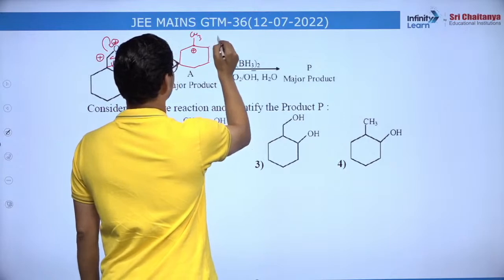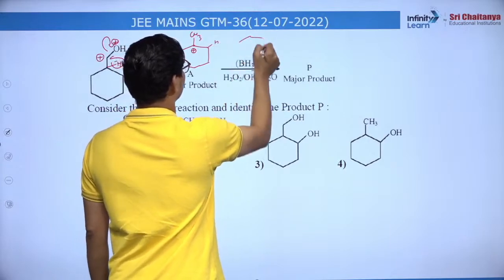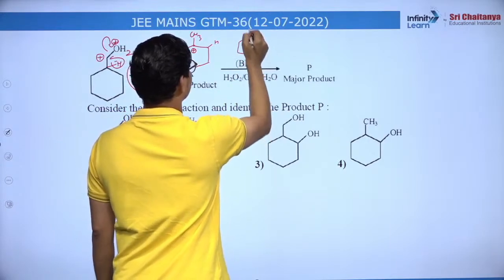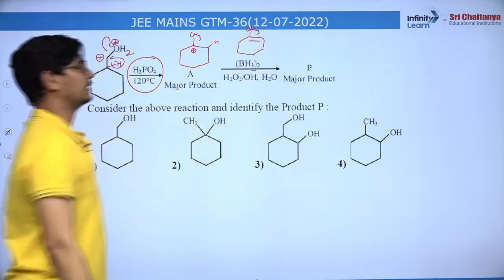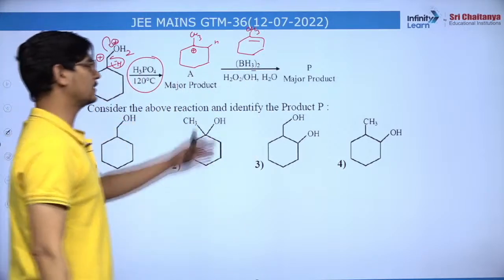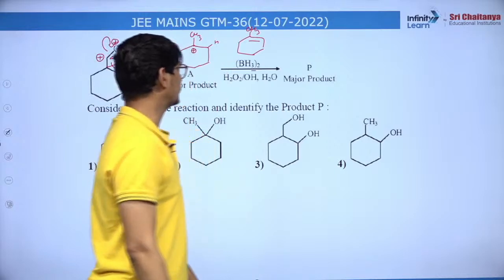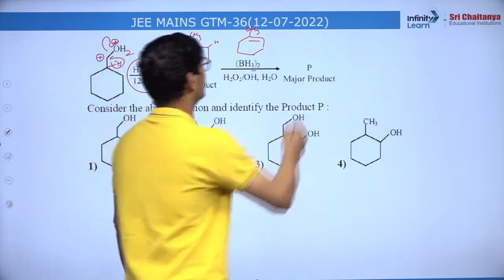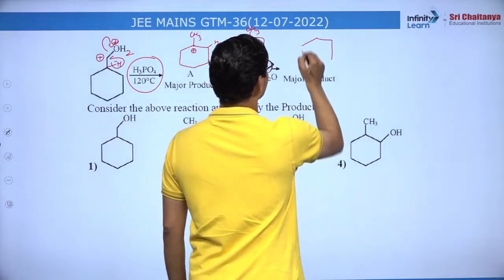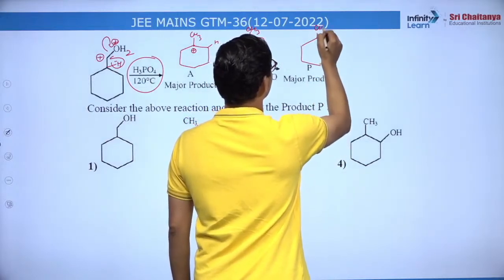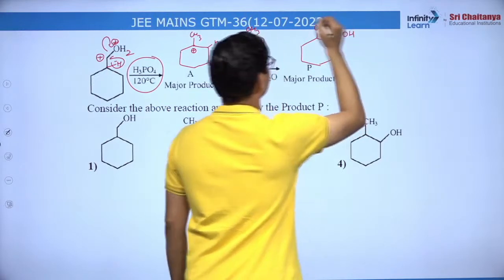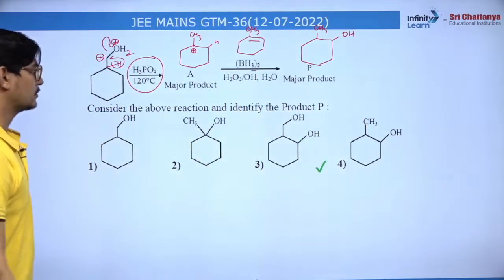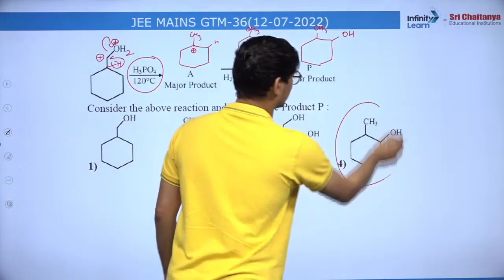It will give you the more stable alkene, which is this one. All right, and then you are carrying out the hydroboration oxidation, and this is anti-Markovnikov addition. So this will be the product. This will be the correct answer.